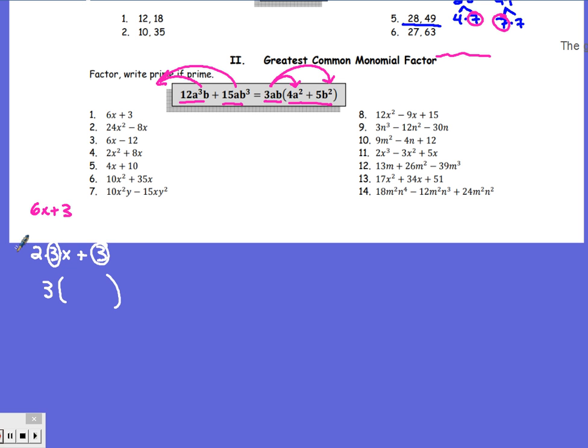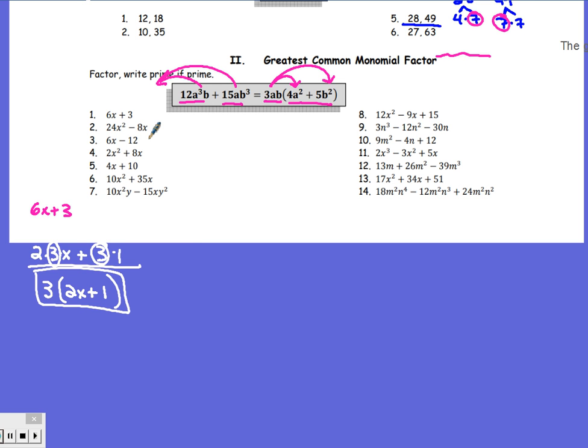Once I factor the 3 out, 3 is really 3 times 1, so what's left is 2x plus 1. Before we say we're done, we want to double check. If I multiply this back in, 2x times 3 is 6x. That checks out. And 3 times 1 is 3. It's really important to check your work before you say that's your answer.